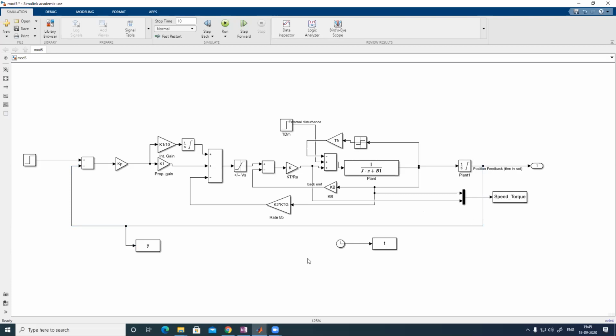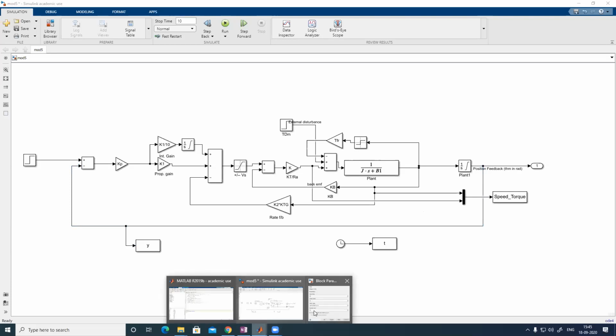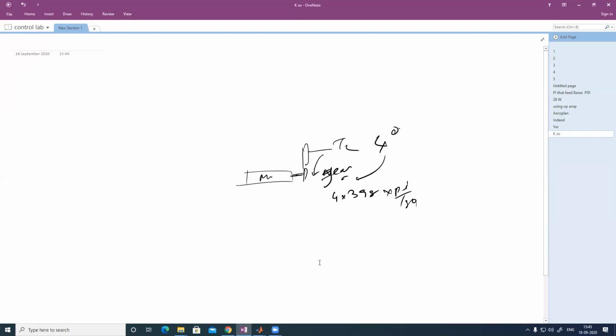In the motor side, up to this, KT multiplied by IA will give you torque here, and this torque, motor having J S plus B of JM, BM, KT by RA. So that is giving you 1 by S multiplied by theta.